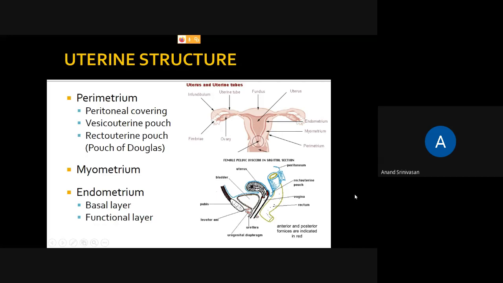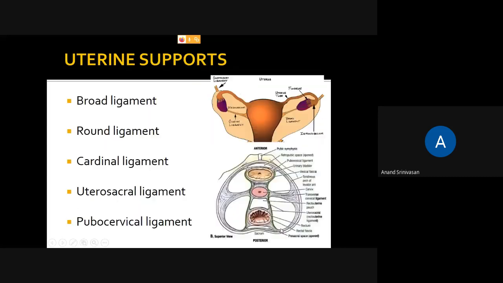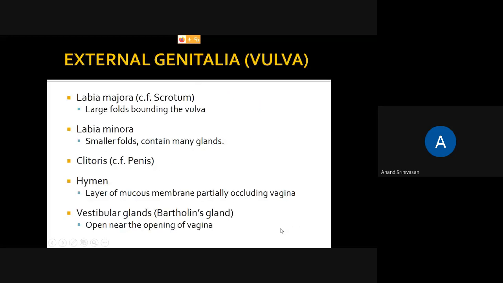In this picture it's not shown, but it will be present below it, near the place where the vagina opens. That's the location of Bartholin's glands, or vestibular glands.